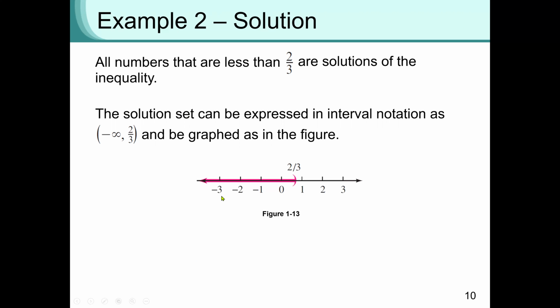The solution goes from negative infinity all the way to 2/3. The solution set can be expressed in interval notation as negative infinity to 2/3. And we can graph it in this form.